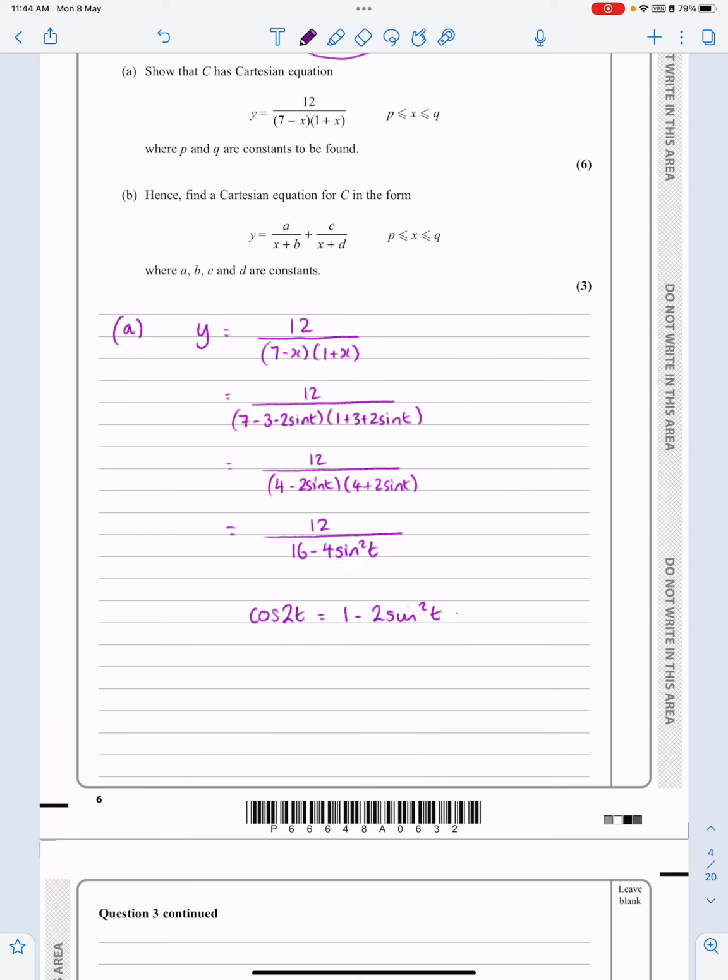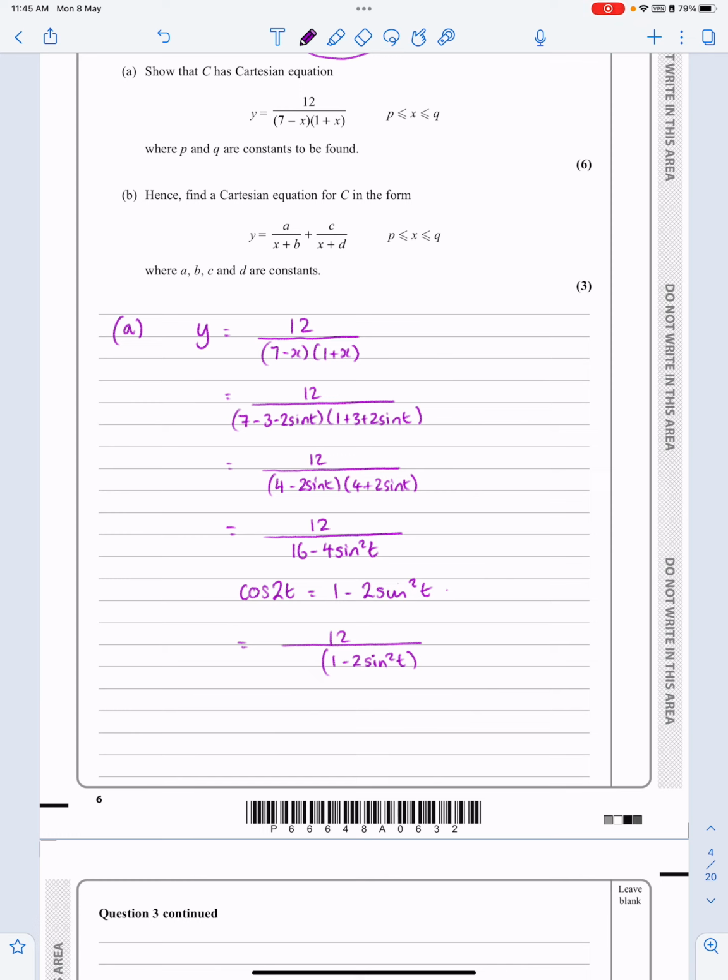So that means I'm going to do something that might look a little bit strange. In order to end up with that, what I really want to have is 12 over, and I want 1 minus 2 sine squared.